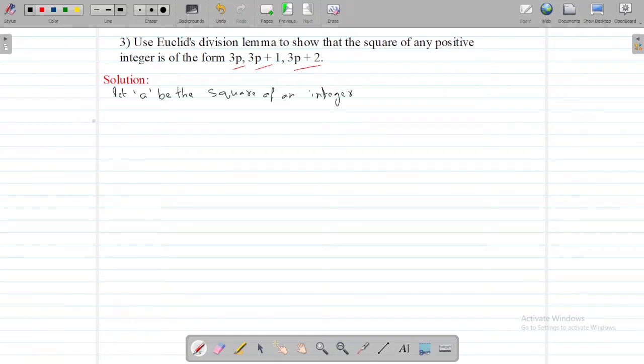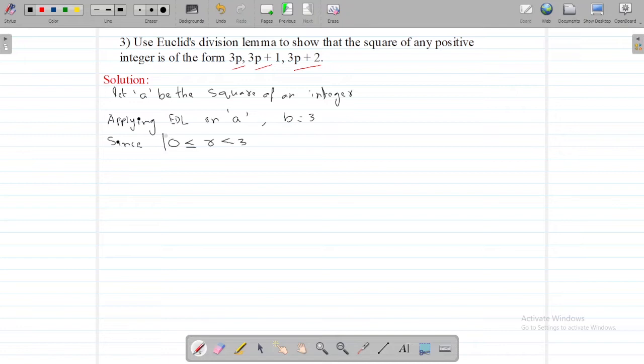So now when we are applying Euclid's division lemma on a, you have to remember b is equal to 3. So we can satisfy this condition, since 0 is less than or equal to r less than 3.